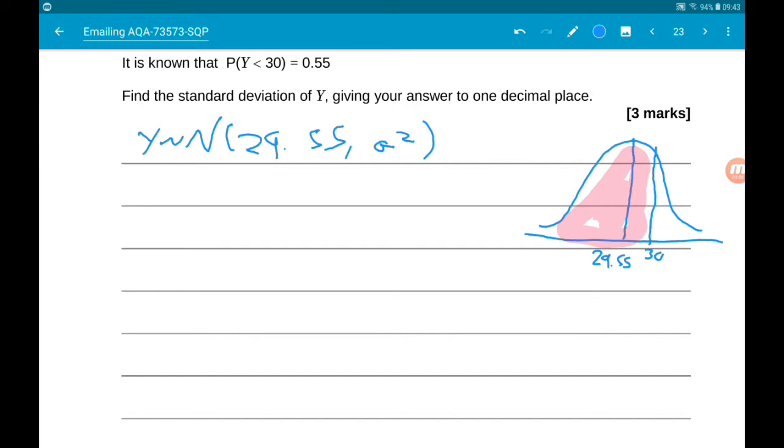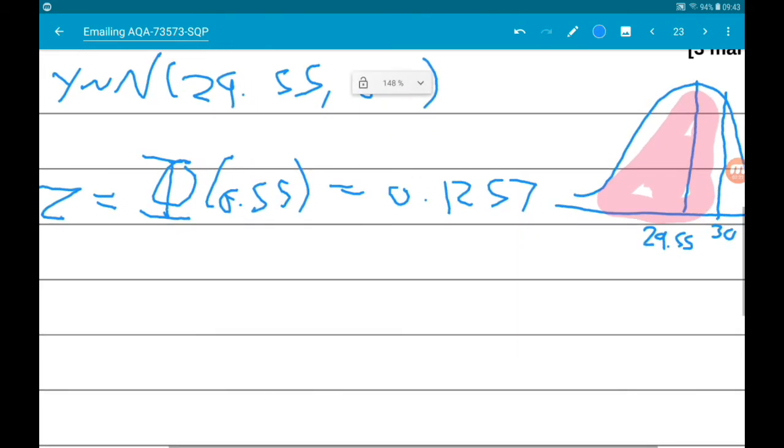So we will get then that z is the inverse normal of 0.55, which is 0.1257.